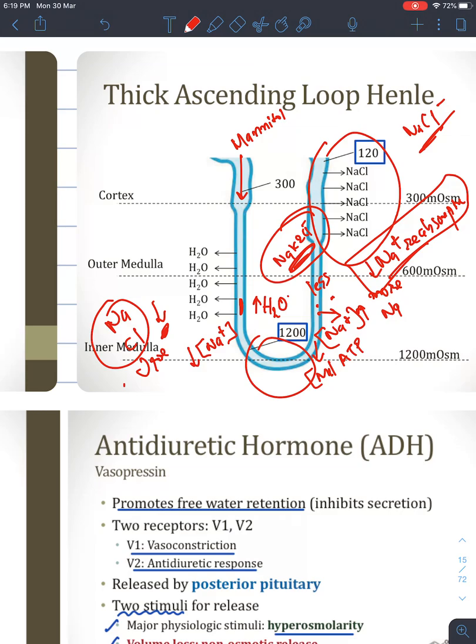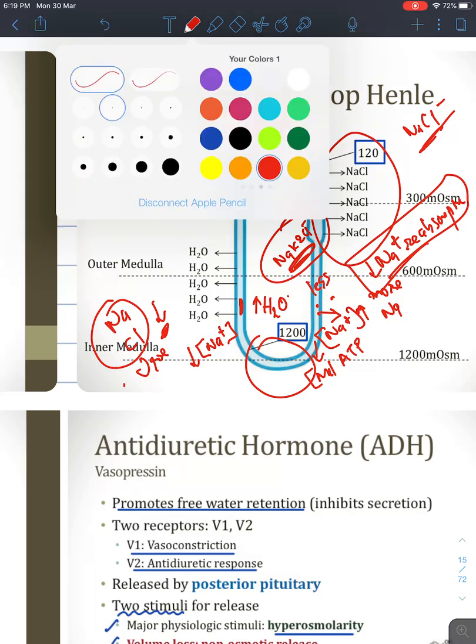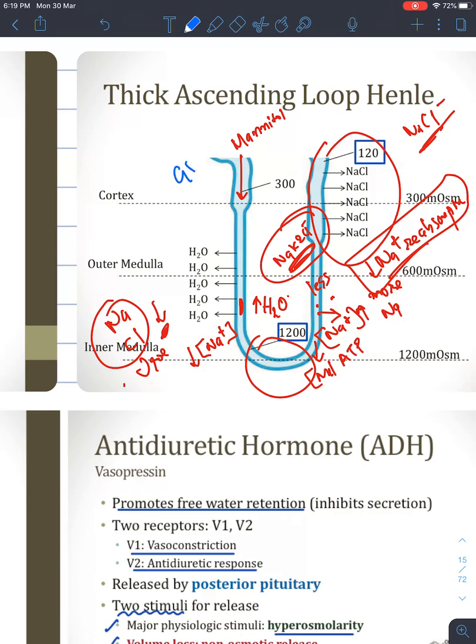This is the same for glucose. The thing is, glucose is naturally occurring, and the body tries to maximally absorb glucose in the PCT, the proximal convoluted tubule. It is reabsorbed by the sodium glucose co-transporter, which we can call SGLT.